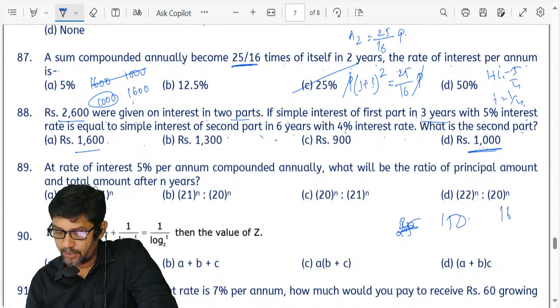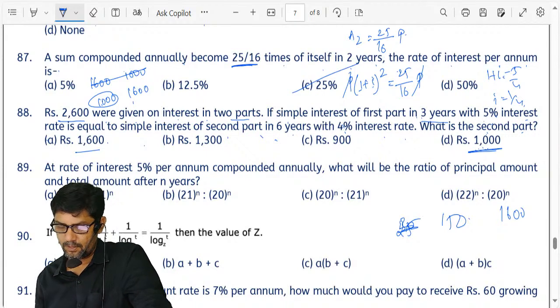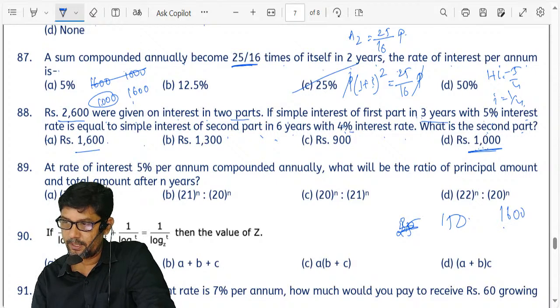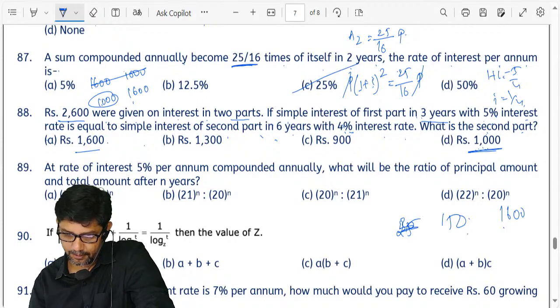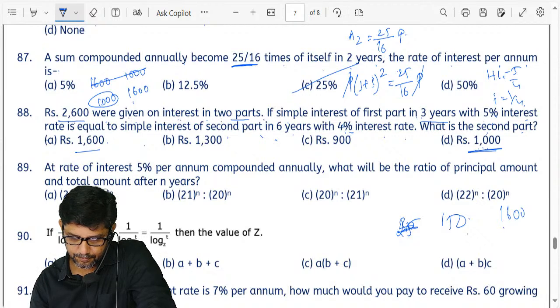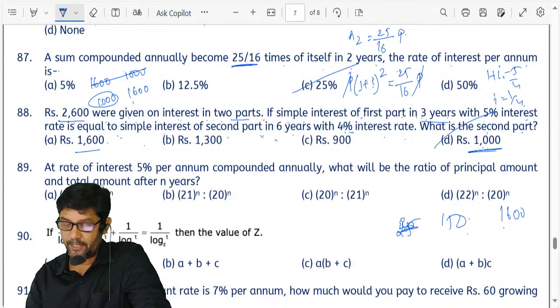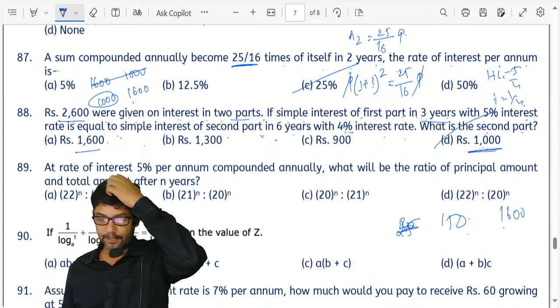And the same way, 1,600 into 4% into 6. 384. This is 150 now. What is the second part they ask you to find out, right? Correct only, na? Option D. Yeah. Option D.